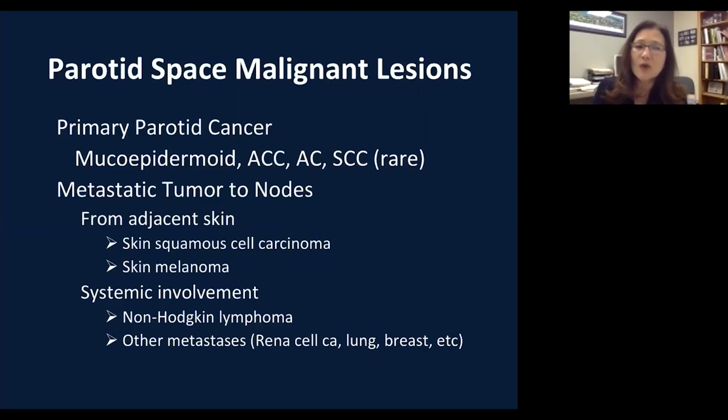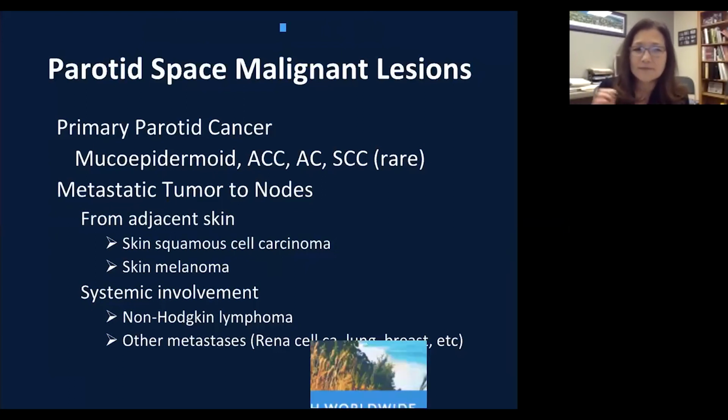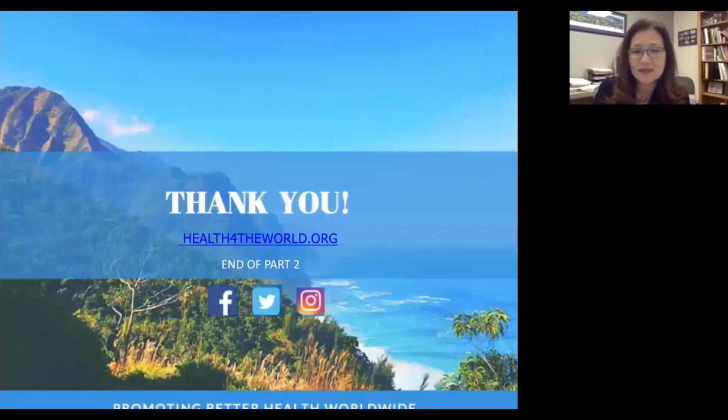Metastatic tumors to the intraparotid lymph nodes include skin squamous cell carcinoma or melanoma in the face or scalp. But you could have systemic involvement, such as lymphoma or metastasis to the parotid gland, and common primary sites include renal cell carcinoma, lung cancer, breast cancer, and also melanoma. With that, this is the end of part 2.